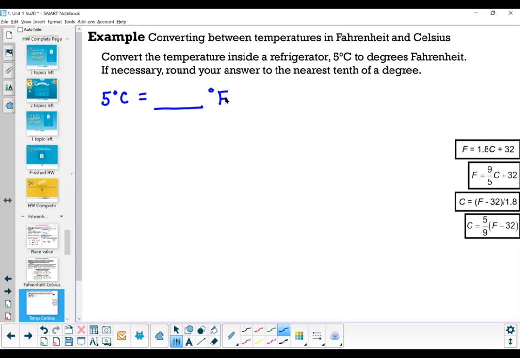I'm solving for F. So I'm either going to use the first equation or the second one. You just pick one. I'm going to do both so you can see both. So I'll start with F equals 1.8 C plus 32.